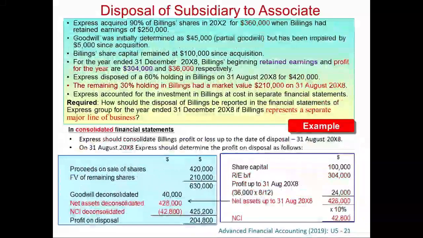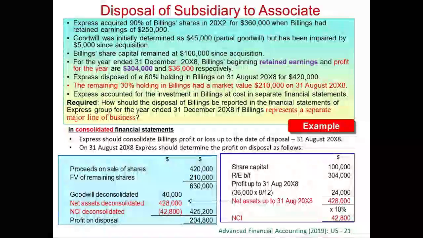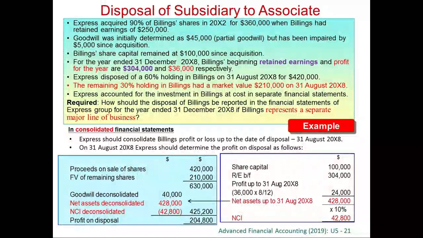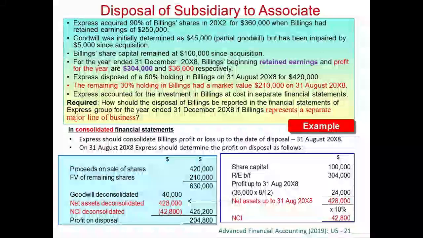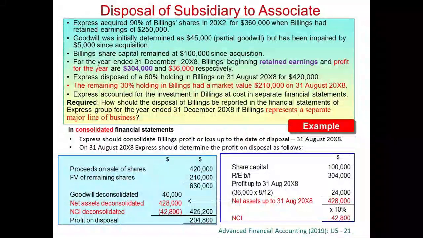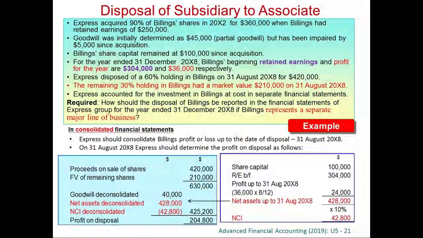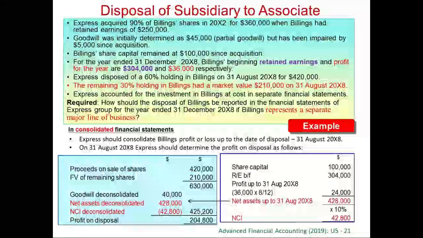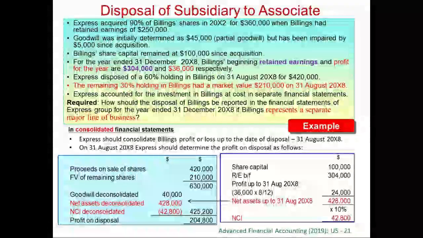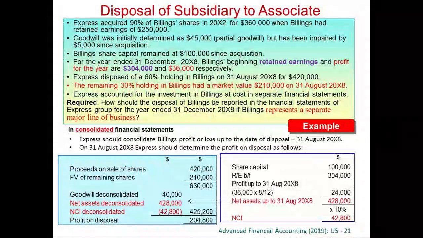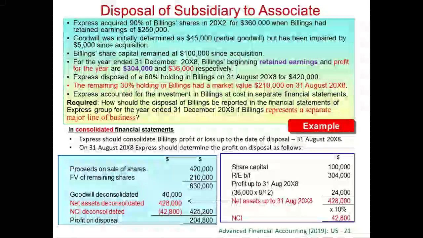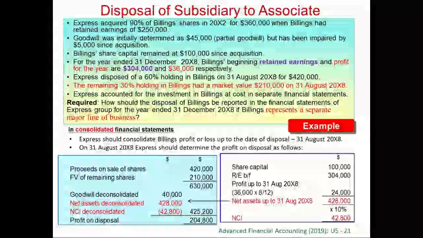So now we calculate the same for the consolidation. On consolidation, the net assets increase because of the sales proceeds. The sales proceeds on the disposal of shares is 420. But not only this 420, because from the viewpoint of consolidation, the remaining investment should be carried at fair value.